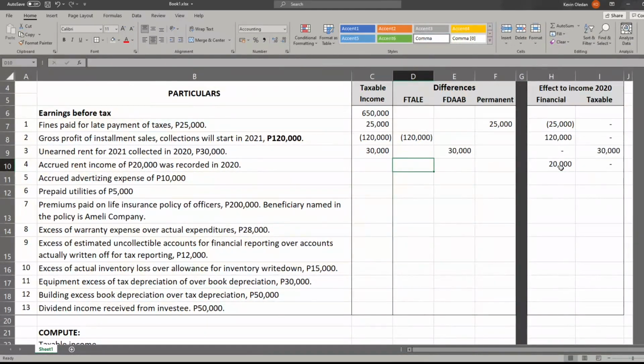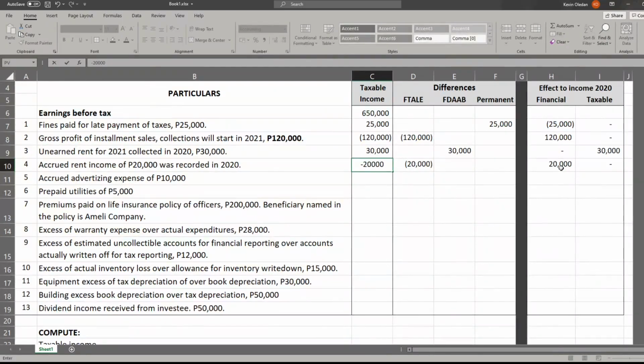Effect, that will be financial income greater than taxable income, right? So itong 20,000 na to, it will be a future taxable amount. I will automatically put this as a deduction here because I know future taxable amount is, yes, a deduction here.